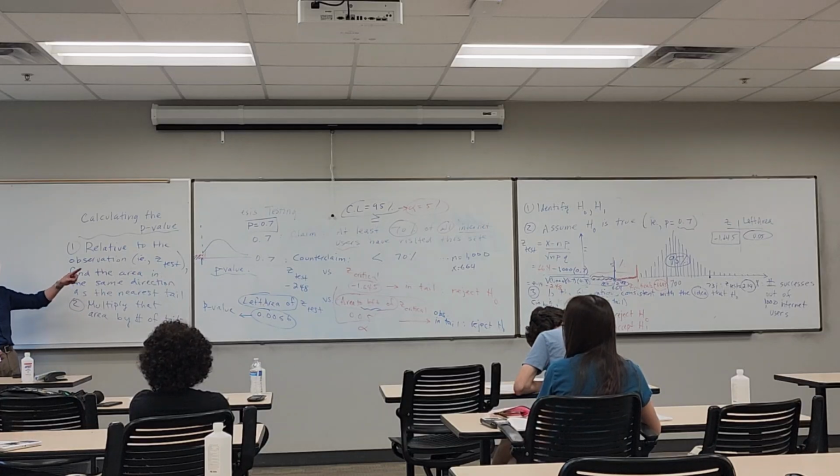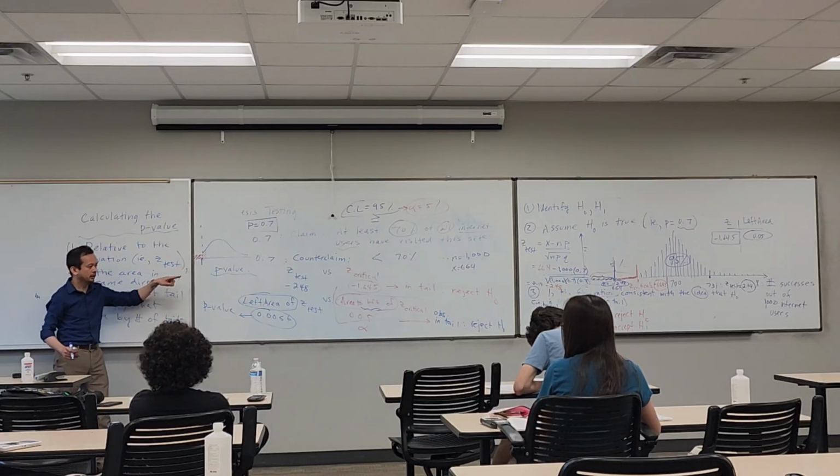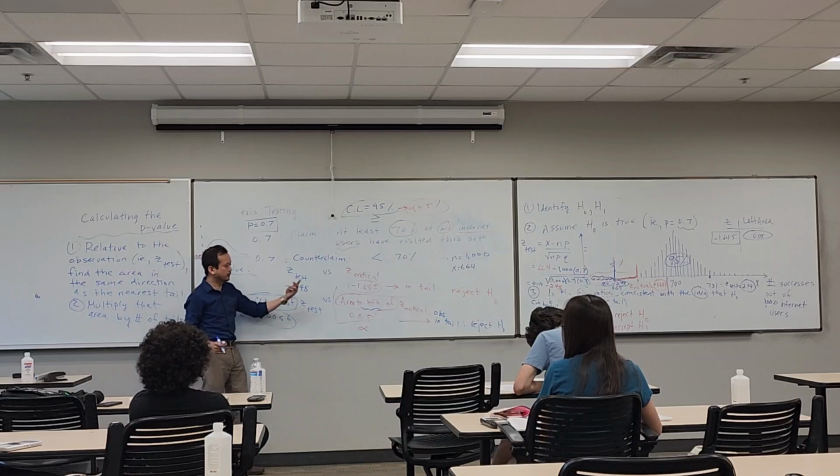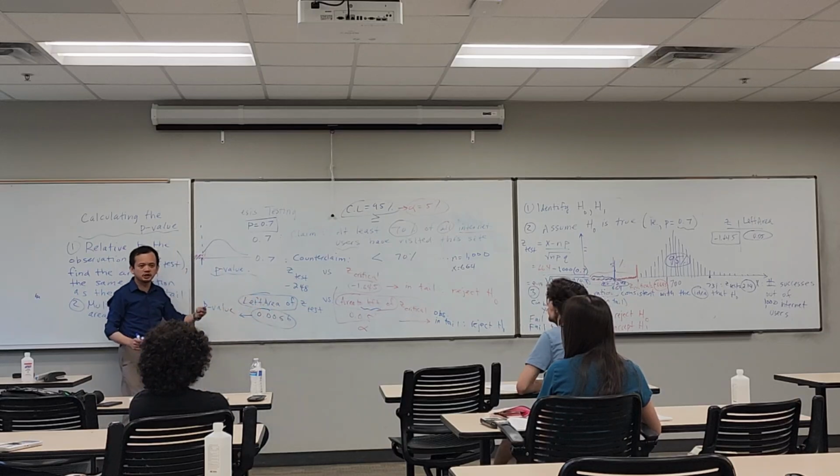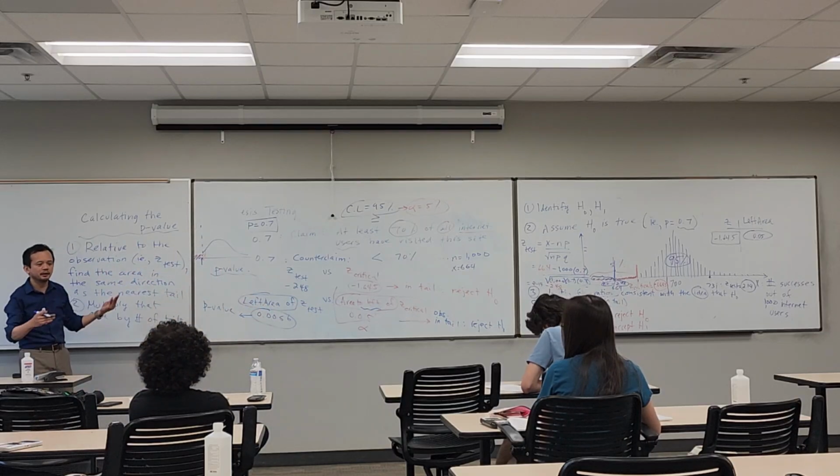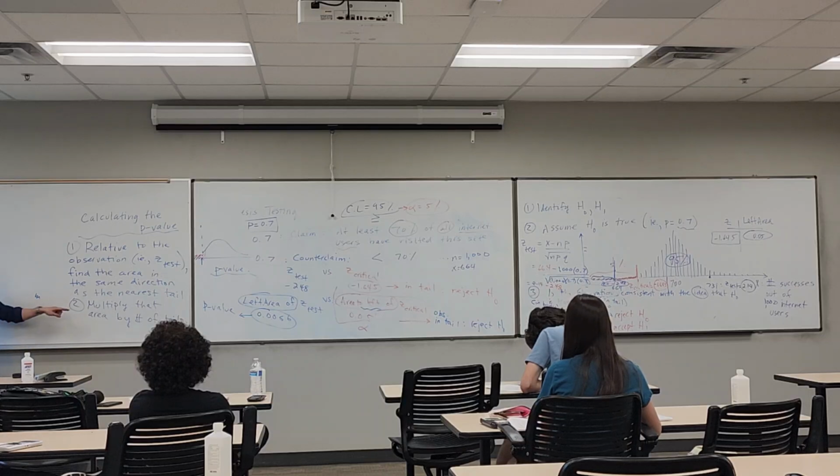By 1, because we only have a one-tail hypothesis test. And it turns out that that number that we just found multiplied by 1 doesn't change the number. So any number multiplied by 1 doesn't change. So in this example, this step ends up not doing anything. But we need to consider this step in the general case. Any questions?